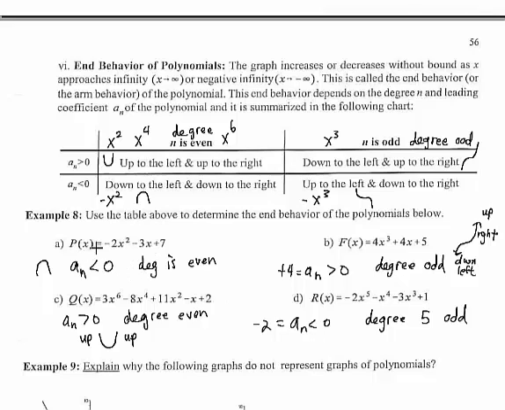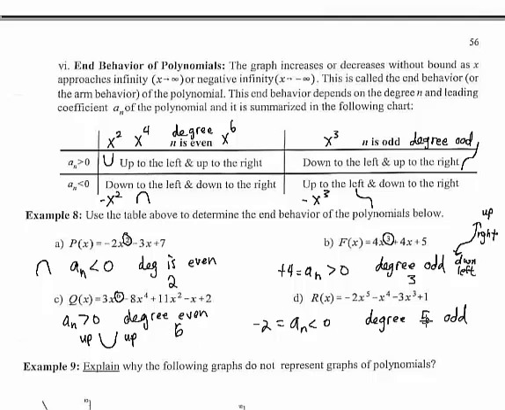Alright. Working backward, I want to go back and make it clear where the even, the odd, and the even came from. So for capital P, the degree was 2, the highest exponent, so degree is even. Here was the degree, the highest exponent 3, so I said degree odd. And then for capital Q, the degree, the highest exponent, is 6, and degree is even.